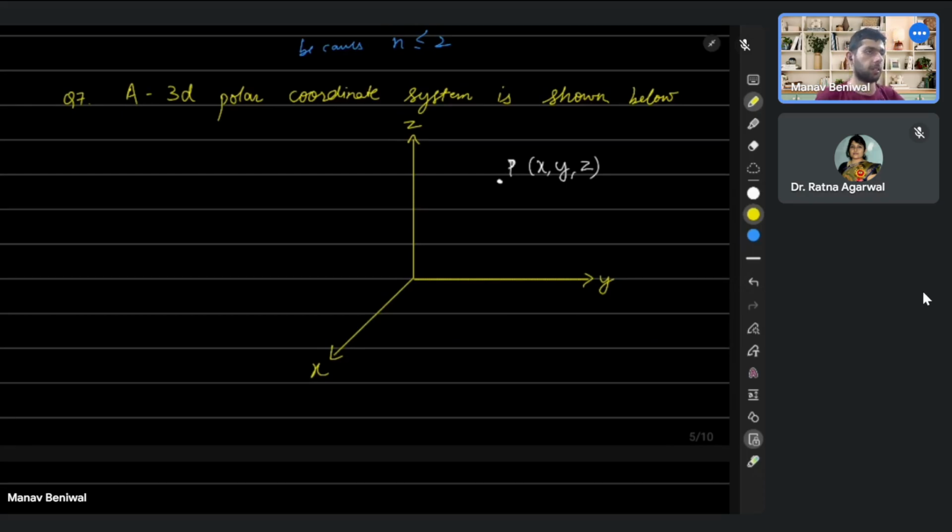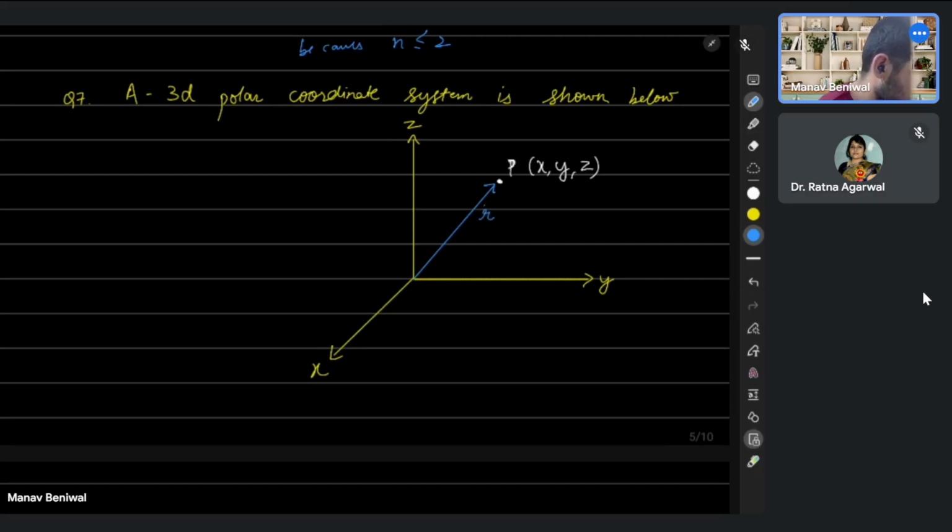But another way to get to this point is using the polar coordinates. And how does that work? So let me first draw a vector here. So this is r, the position vector, right?